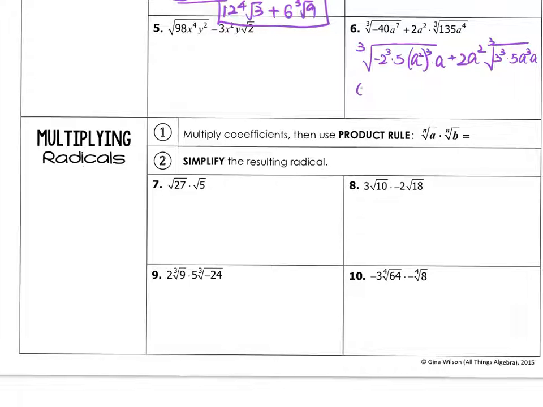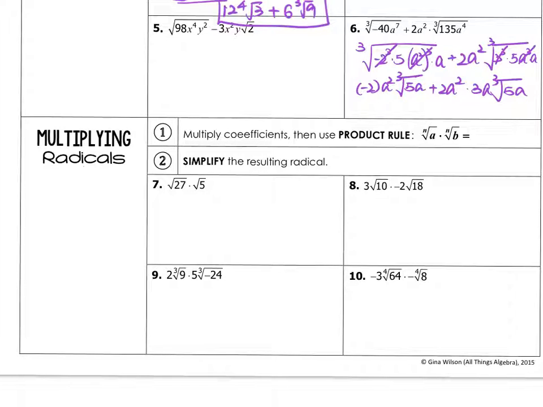So now I start to simplify. Negative 2 comes out, and the 5 stays, and then this a squared comes out, and the one last a stays, plus 2a squared. The 3 comes out, and the 5 stays, then the a cubed, so the a comes out, and then the last a stays.